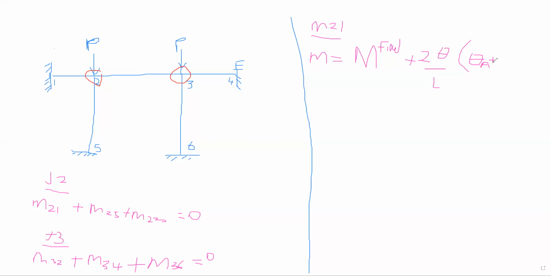Very good. So this M fixed comes in when you have a load on the member, like if there were some uniform loadings somewhere acting in between the members. That's when the M fixed comes in.